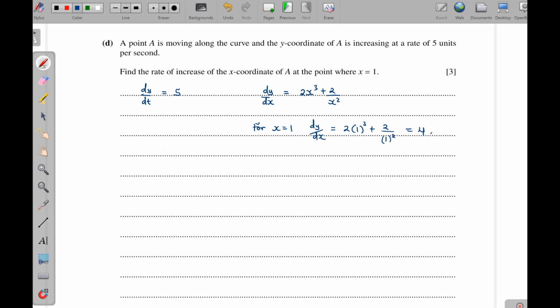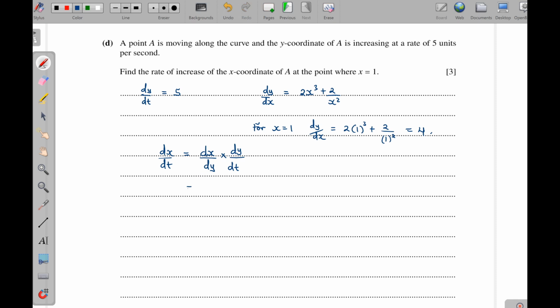For us to get dx dt, using chain rule, that will be dx dt, but x is connected to y, so I'll put dx dy, then times dy dt. That means this dy can cancel with that, for you to remain with the dx dt. You see that?